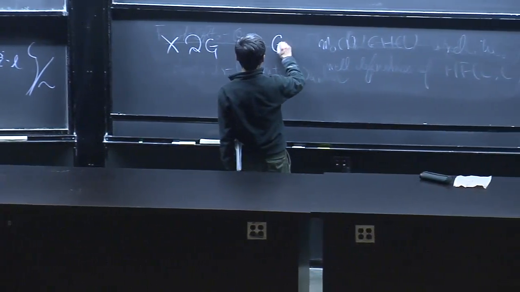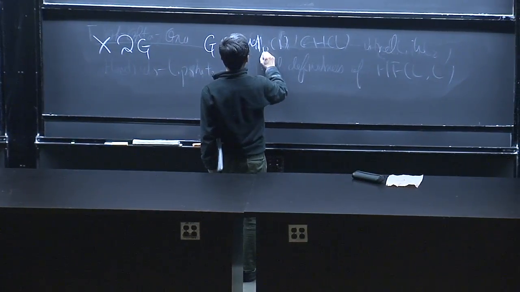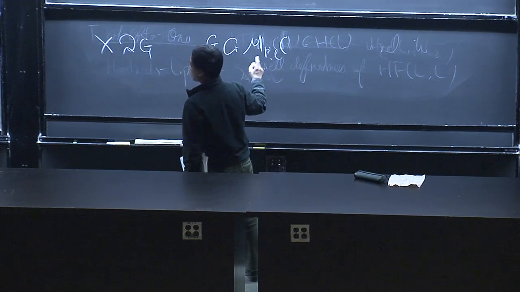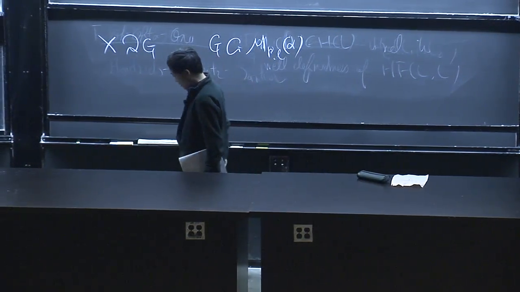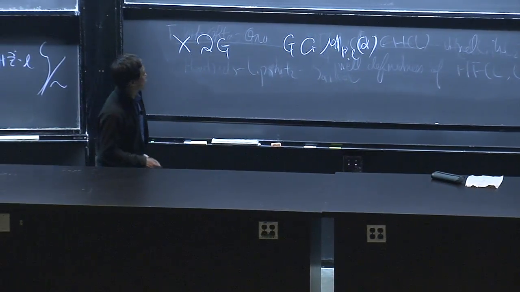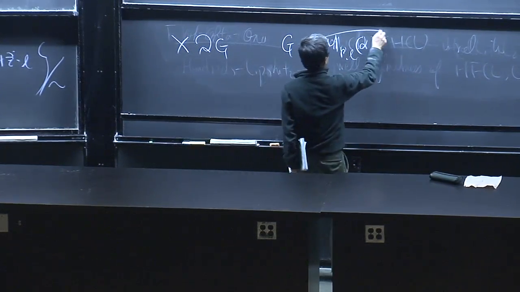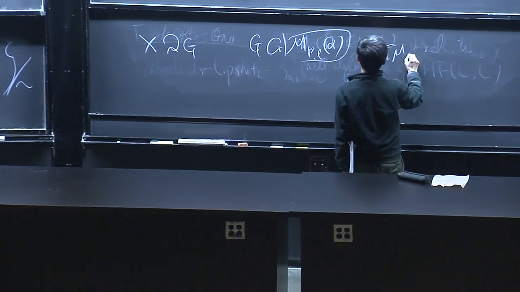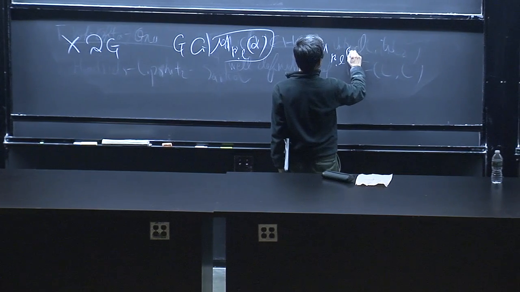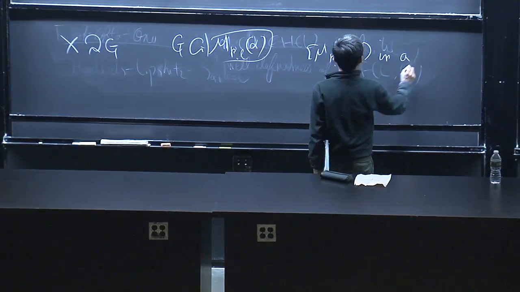So now G naturally acts on this moduli space M_{g,l}(alpha). Then what we can do is find this fundamental class in G-equivariant cohomology.